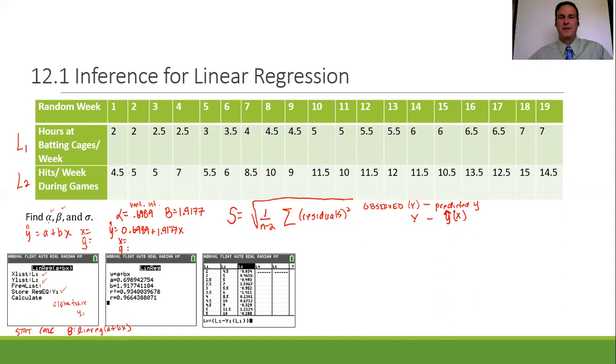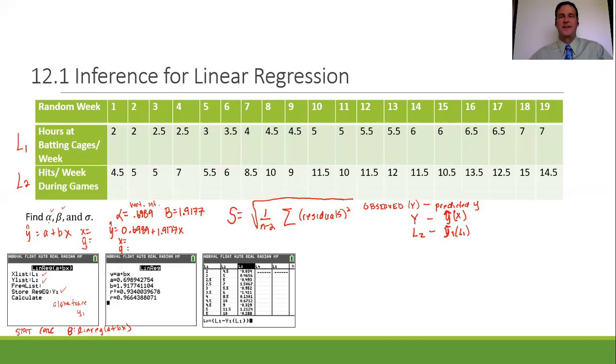Then these are the y's that we found from your actual data, so it's the data values that you have basically in your L2. You have your prediction equation stored in Y1, and your x's are all in L1. So again, it's your y's minus the predicted y's for the respective x's. In terms of calculator syntax, it's L2 minus Y1 with a hat on it, which is where your equation is stored.